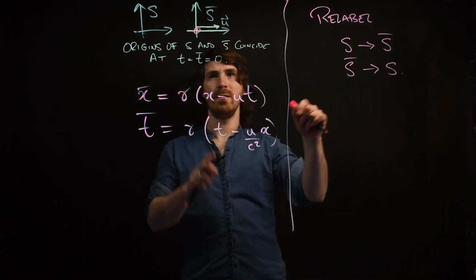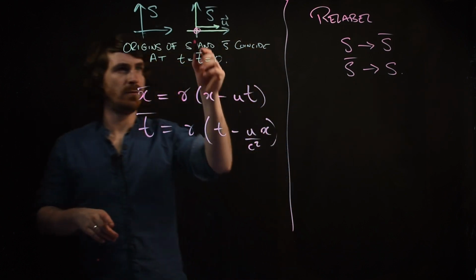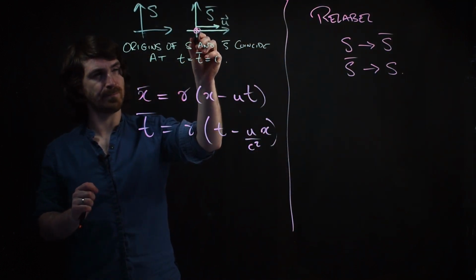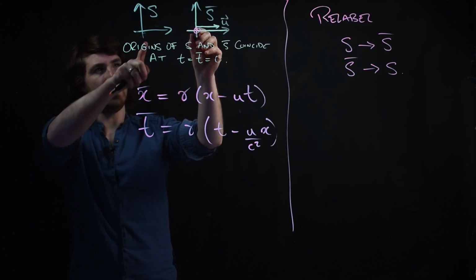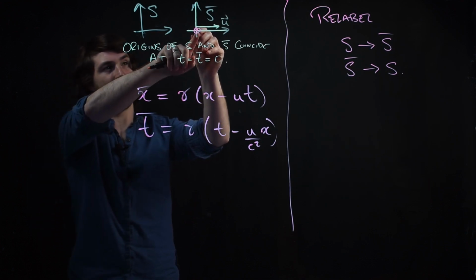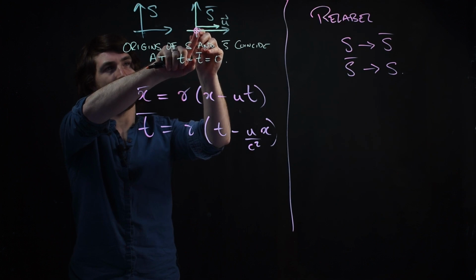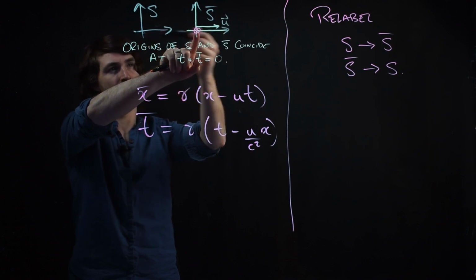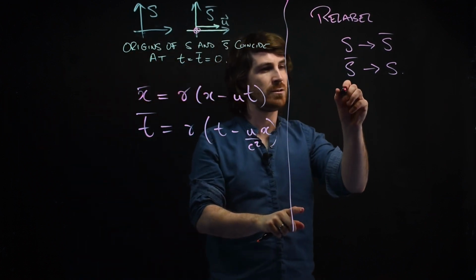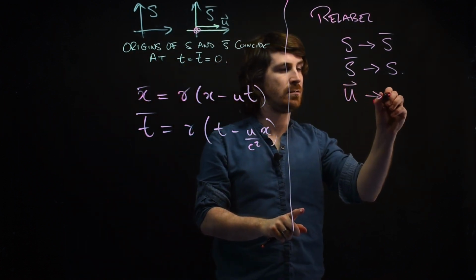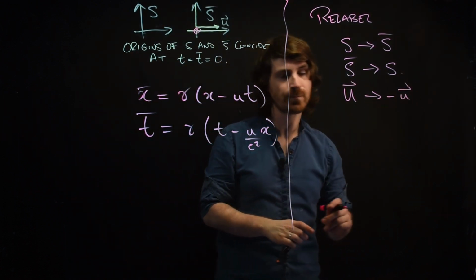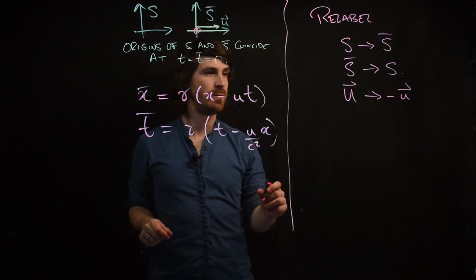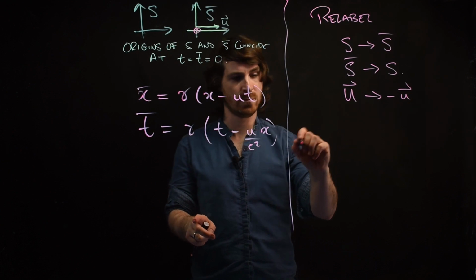And if we do that, then if you sit yourself at the coordinate of S bar, and you're now calling this frame S, you will see S bar moving away from you with a velocity minus u. So we need to change the direction of our velocity also. And if we work this through, then we can just write down our inverse transformation.